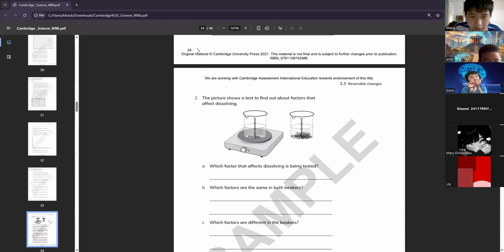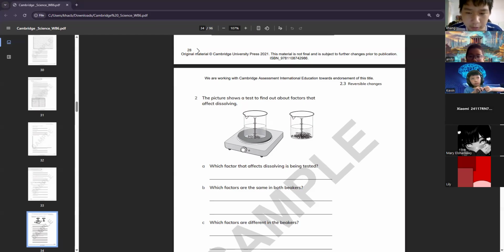All right. So the factor that's being tested here is the concentration. Oh no, sorry. There's only one factor. Yeah, there is the concentration. You can also technically count the temperature.